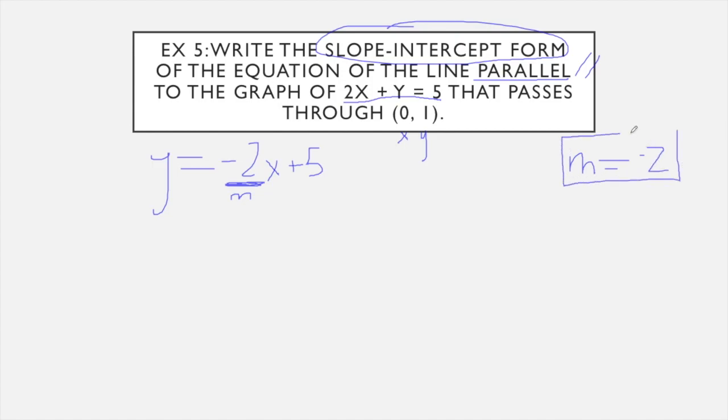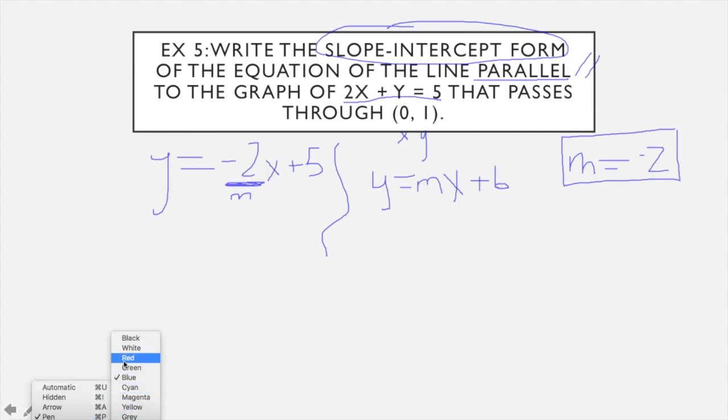So that's one valuable piece of information. Now to write the rest of our equation, we need to know what is our b value. So we know what we are looking for is y equals mx plus b. Now the things we can sub in, I'm going to circle in red.